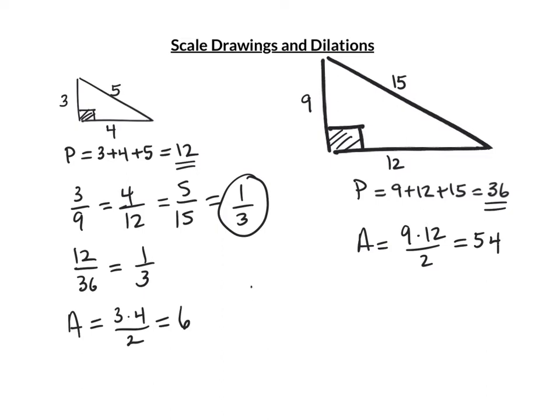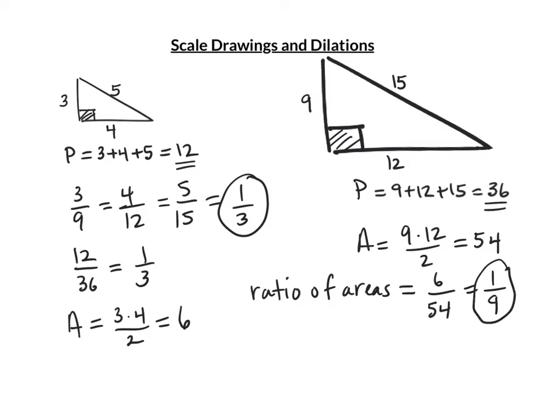The ratio of the areas is equal to 6/54. Both 6 and 54 are divisible by 6. If I divide them both by 6, I get 1 and 9. The ratio of the areas is 1 to 9.